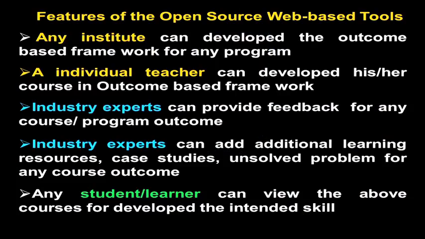The tools also let industry experts provide feedback on any course or program outcome. Suppose I am developing a course on data structure and algorithm, and I develop the whole course and it is available on this portal.